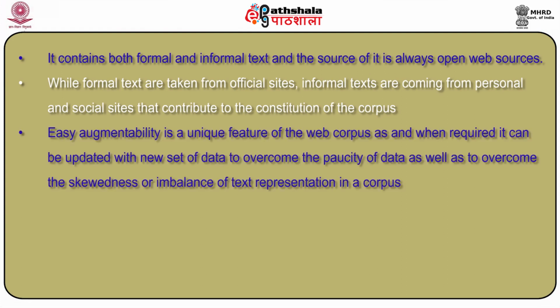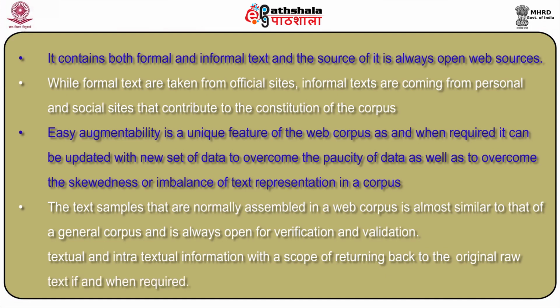Easy augmentability is a unique feature of the web corpus. As and when required, it can be updated with a new set of data to overcome the paucity of data as well as to overcome the skewedness or imbalance in text representation in the corpus.